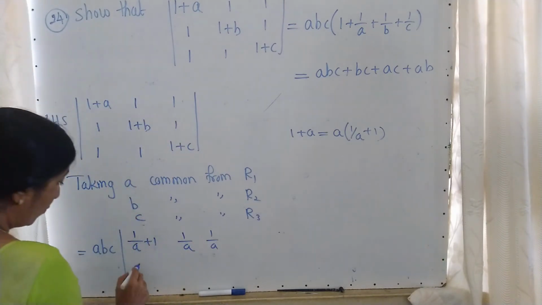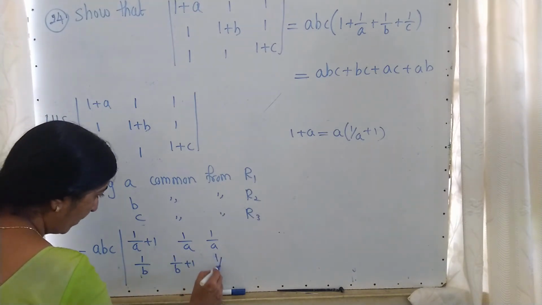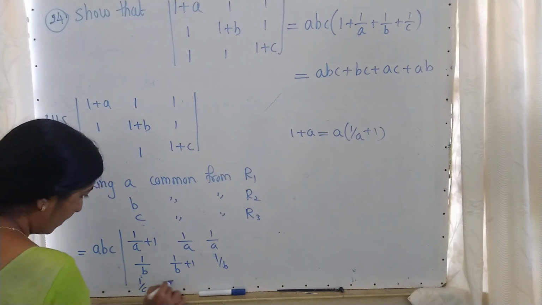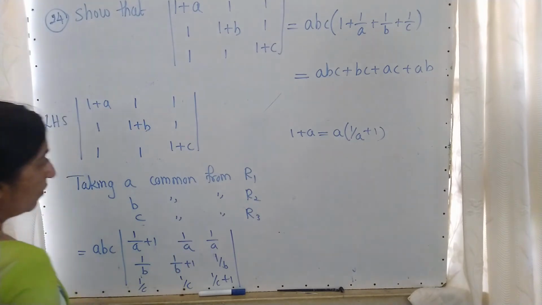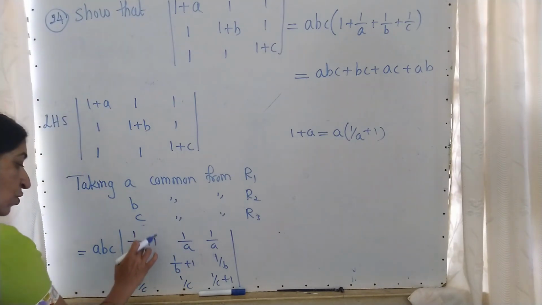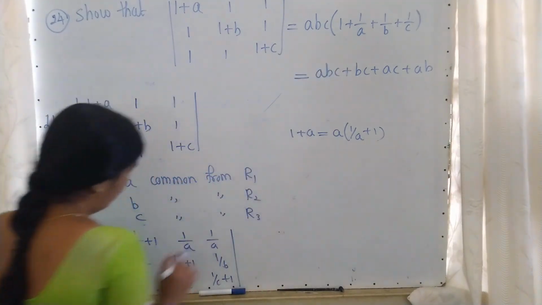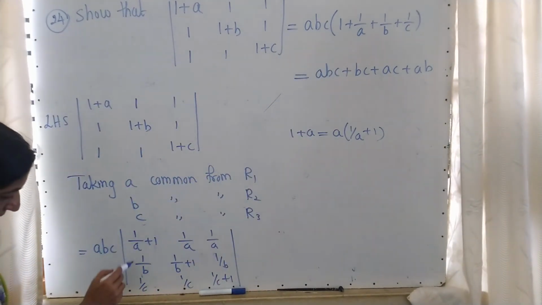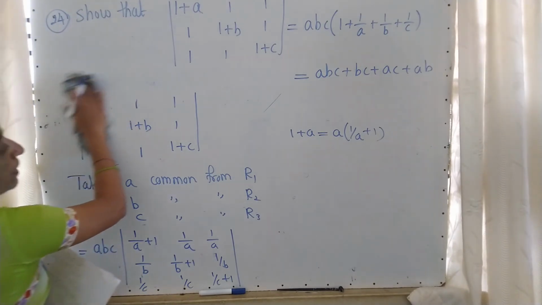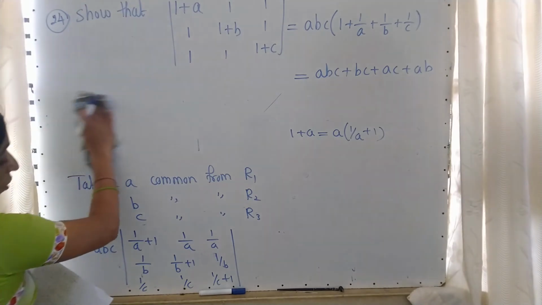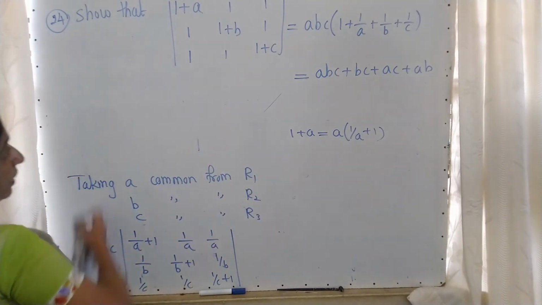Like that the remaining two rows: 1/b, 1/b plus 1, and 1/b; then 1/c, 1/c, 1/c plus 1. Now if you add first row, second row, third row, you will get the required result. That means we are adding all three rows, not columns. If you add the columns, you will not get a different element, all the elements are a only.